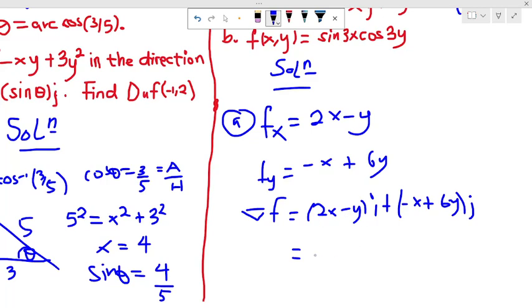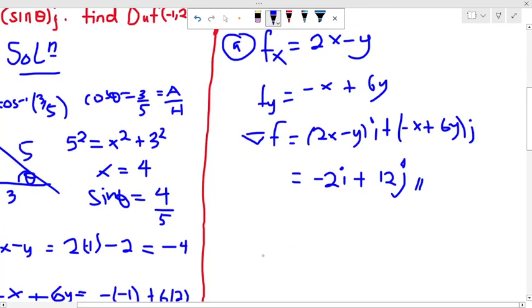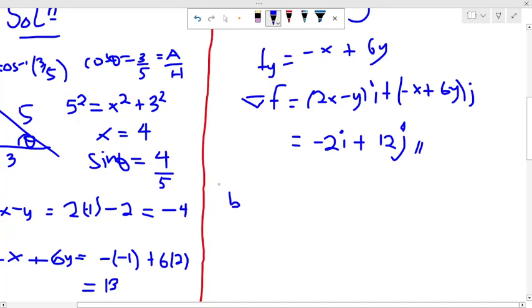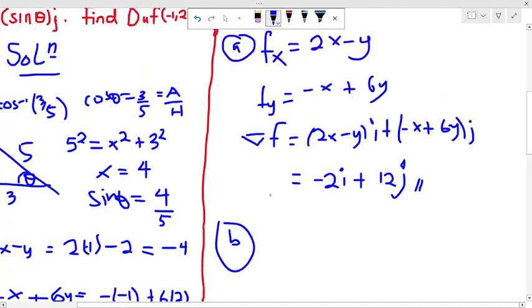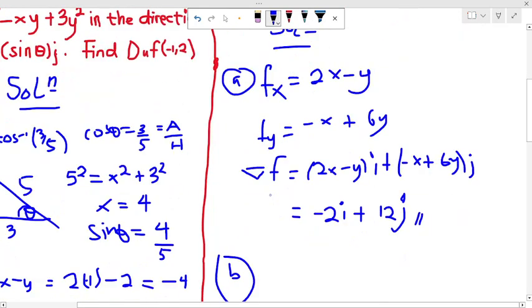Now negative y gives us negative 2i, plus negative x. Our x is 0, so it goes away. Now 6 times 2 gives us 12, so plus 12j. As simple as that. Now our second equation, we are still going to use the same idea.